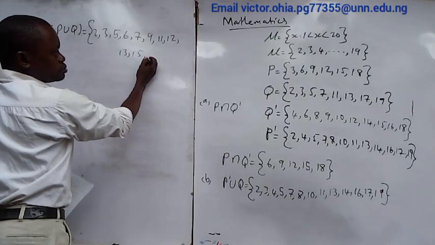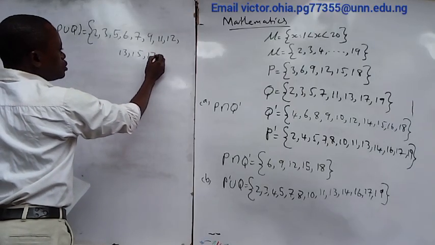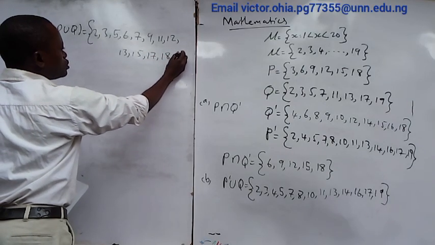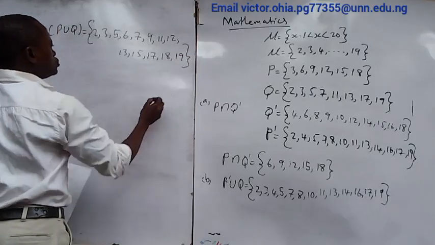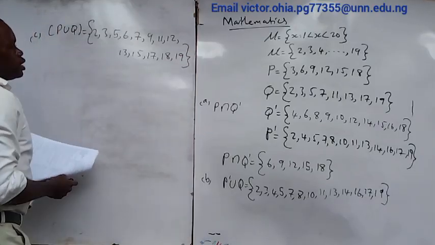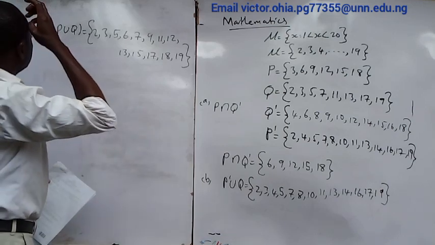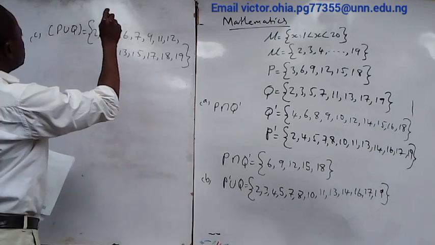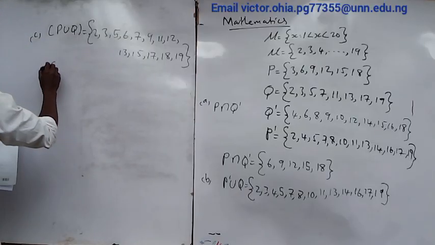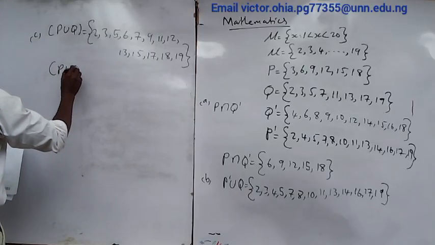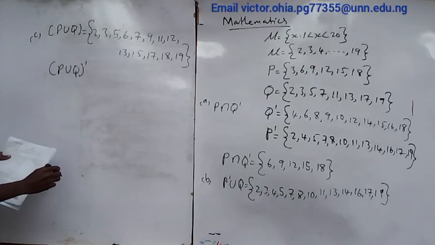I will write again 17, 18, and 19. This is the union of these two sets. And after this union, I will now check elements that are in the universal set but they are not here. They will be my P union Q complement.